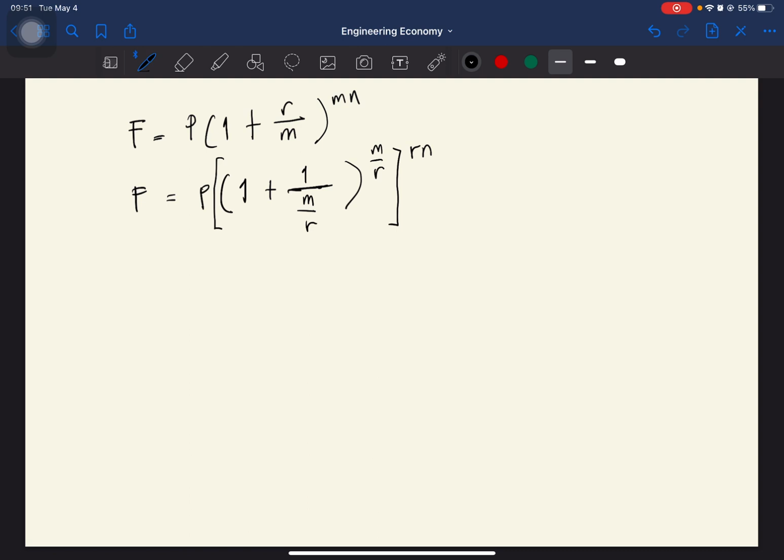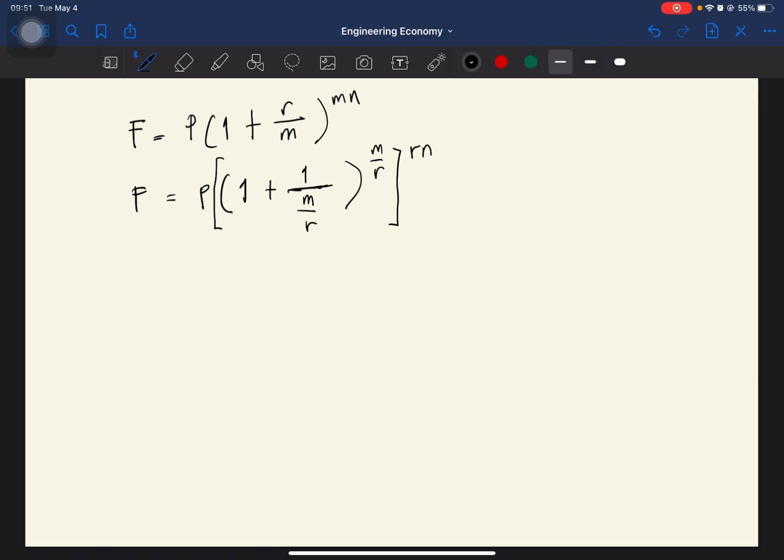Tapos, next is, ayun na nga. As our M approaches infinity, this M over R approaches infinity as well. Okay? If this becomes infinite, then the whole denominator becomes infinite. Now, what we are trying to show you is that we want this formula.